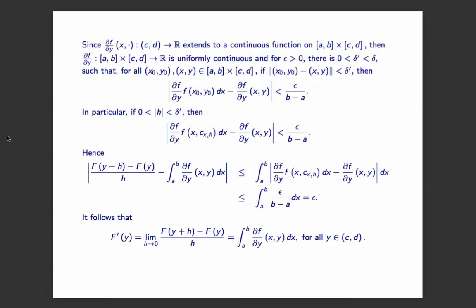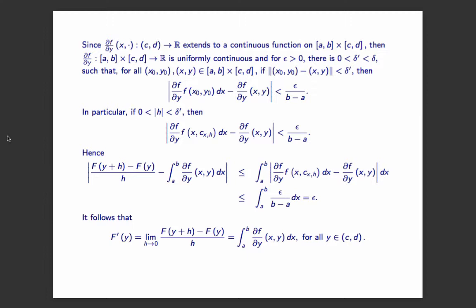So for every epsilon, there is a delta such that if x naught and y naught and x and y are inside of my rectangle, so long as the difference of those 2 points is less than my delta prime, then my difference of the partial derivative, which is continuous, is less than whatever I want. And what I want is epsilon divided by b minus a.